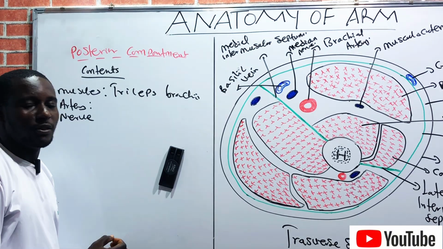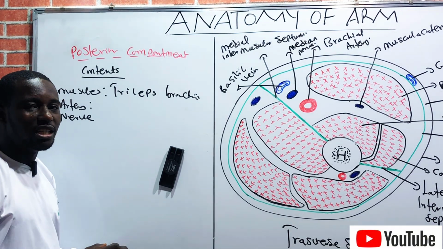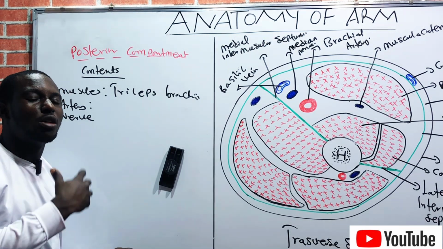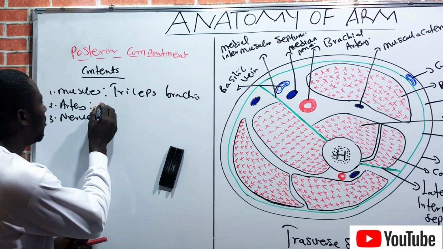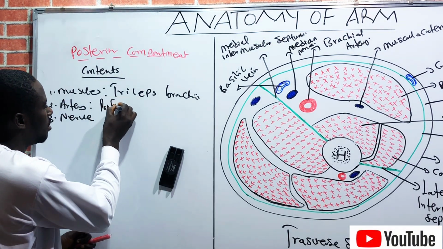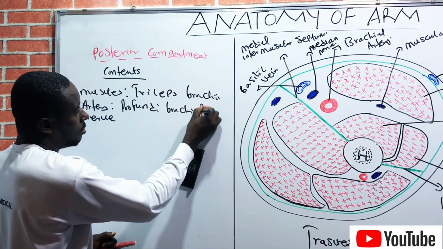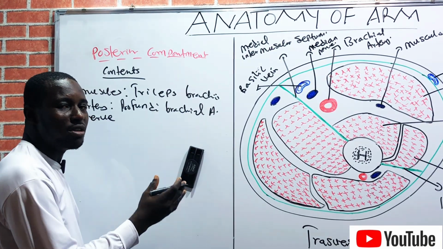It terminates to give two branches, the anterior and descending branch, that contribute to the formation of the arterial anastomosis around the elbow. So we have the profunda brachii artery. Profunda means deep.